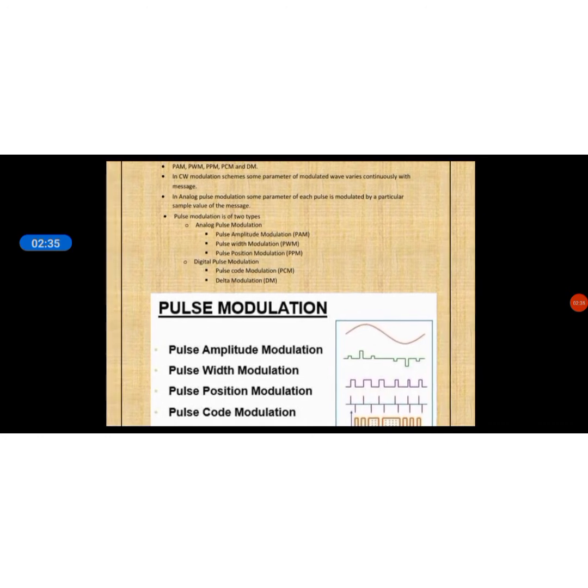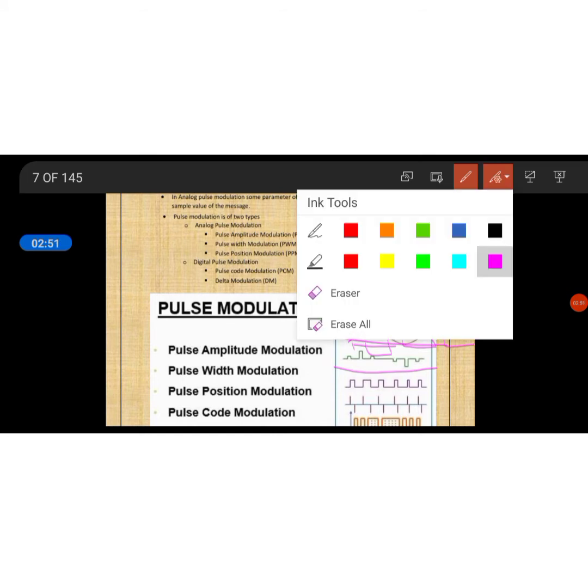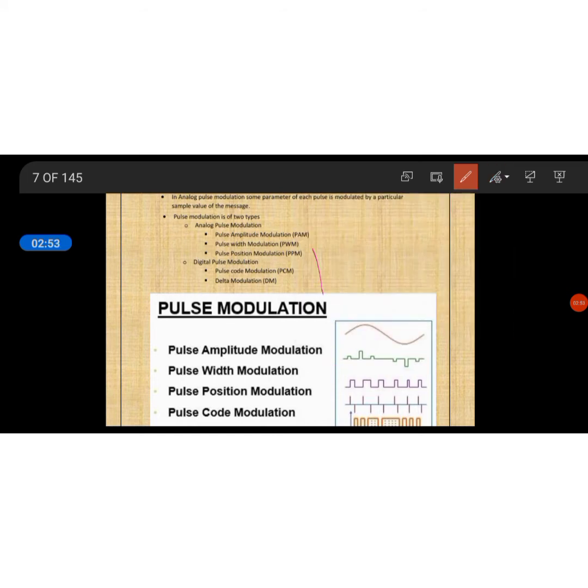Consider here, this is the message signal. This is the digital pulse. There will be a digital pulse, which can be represented like this. In analog communication, information is a continuous time signal and carrier is also a continuous time signal.